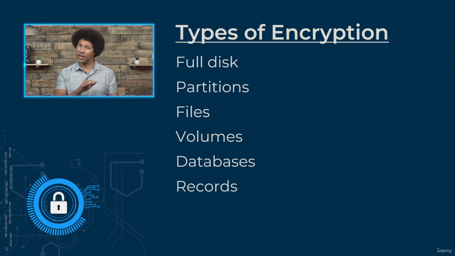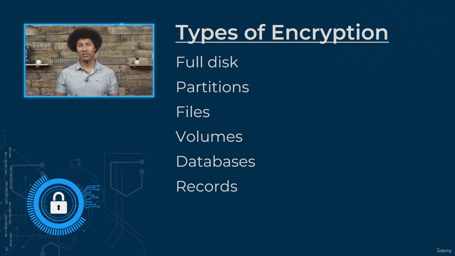Then we're going to go into databases and understanding how we can apply encryption to databases. And then finally, records inside of databases, so that in a high security database, we can actually secure not only the full database, but individual records inside of it as necessary.